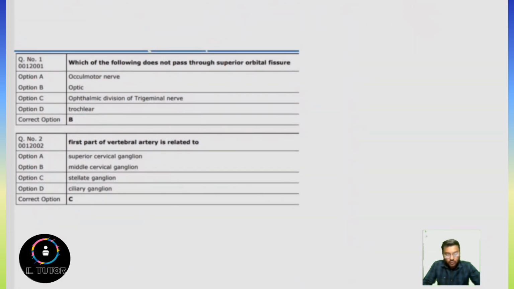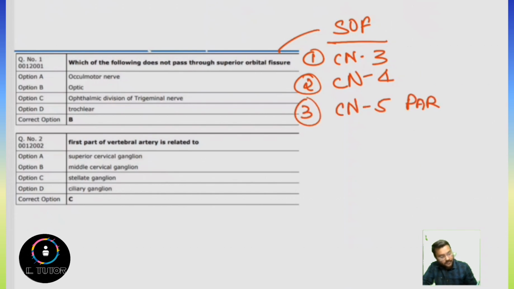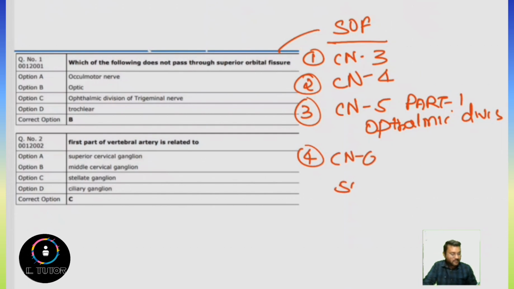Which of the following does not pass through the superior orbital fissure? The structures which pass through the superior orbital fissure are cranial nerve 3, cranial nerve 4, cranial nerve 5 part 1, which is the ophthalmic division, then cranial nerve 6, and then the superior ophthalmic vein.